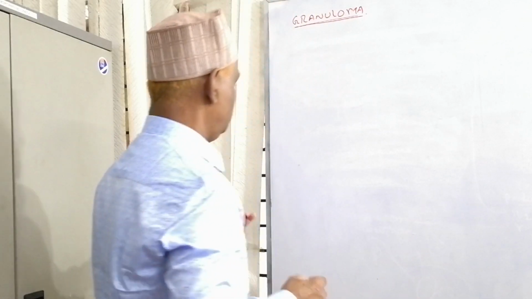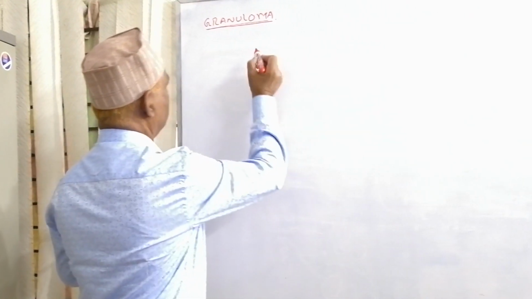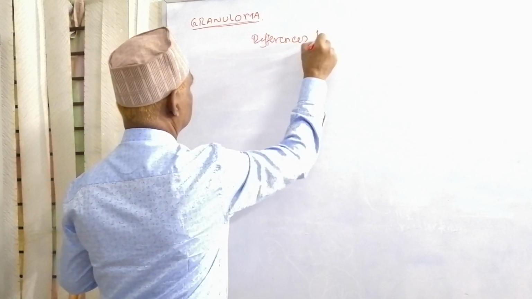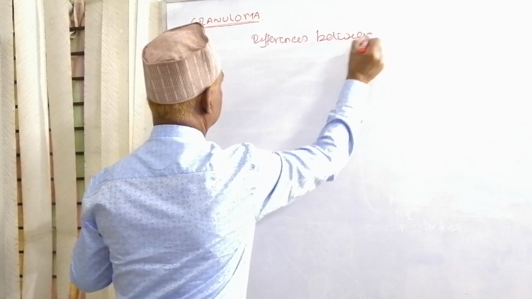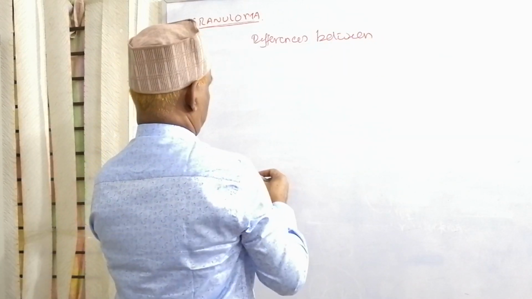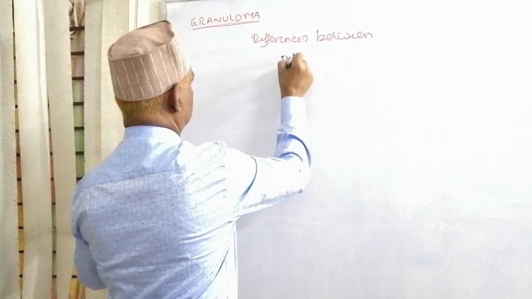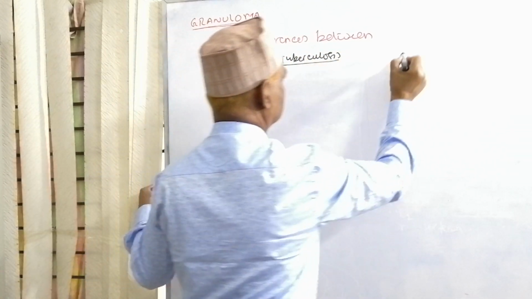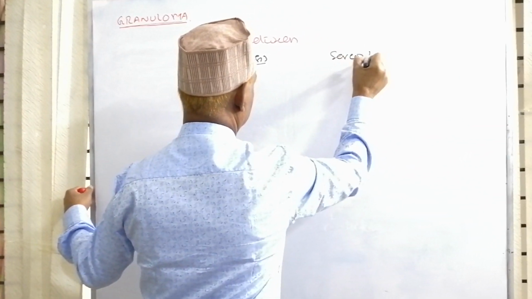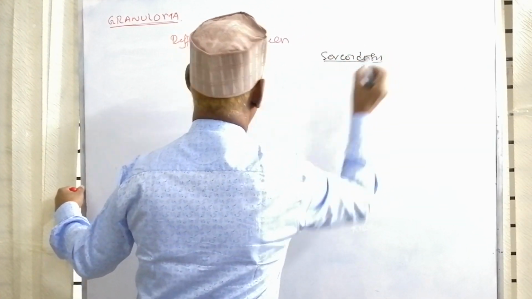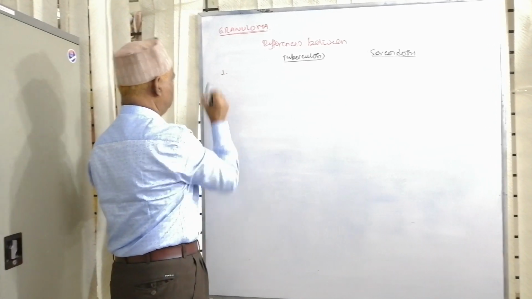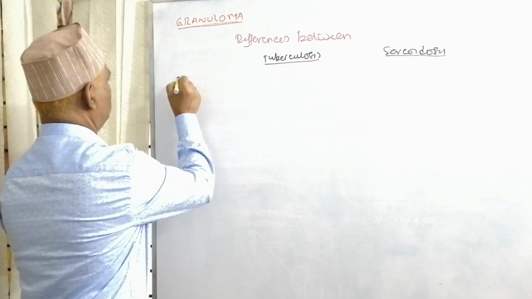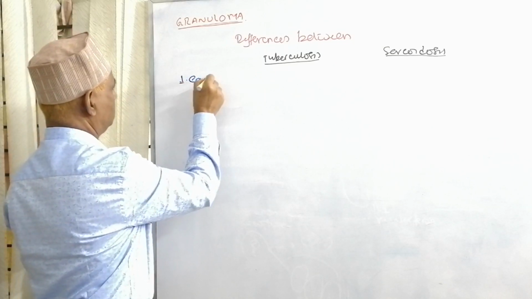Now come to the differences between tuberculosis and sarcoidosis. Number one, cause.